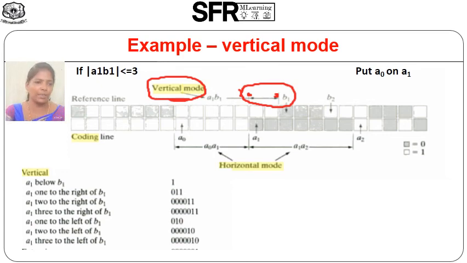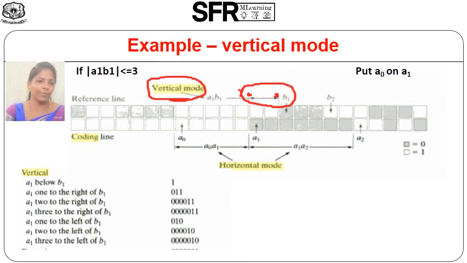Depending on that condition, each code word differs. Similarly, we check whether B1 is at the left side of A1, and consider the distance between them, whether 1, 2 or 3 positions. Depending on these, we have different code words.